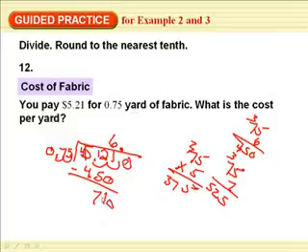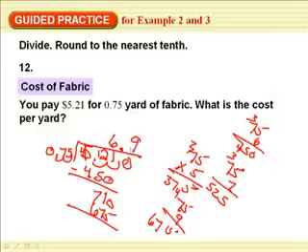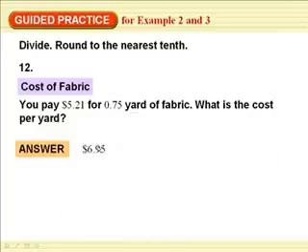Bring it down. Let's try 9. 675. 350, which is going to be about $6.94. I bet it's going to round up a little bit. Yep, $6.95. So for the money, if you're rounding money, you should always round your money to the hundredth, because money has 2 decimal places.